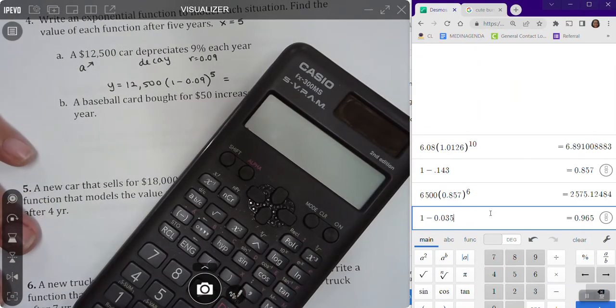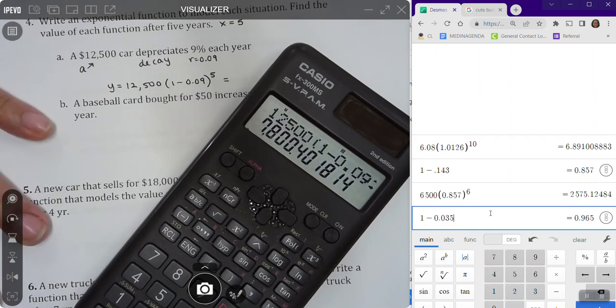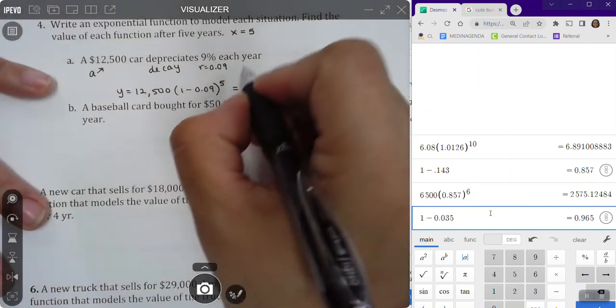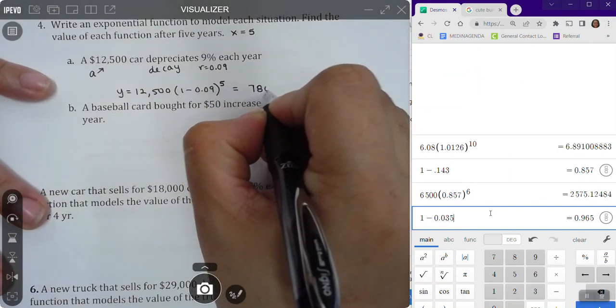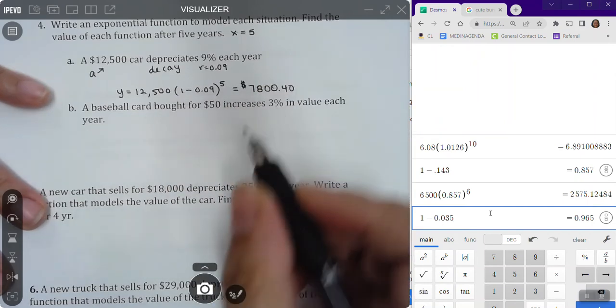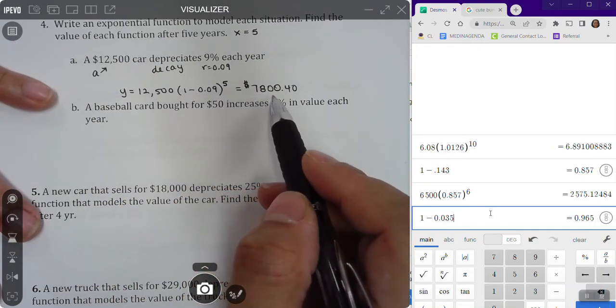So using a calculator, 12,500 times 1 minus 0.09 raised to the 5 is 7,800.40. So it looks like after 5 years, the car is only going to be worth $7,800.